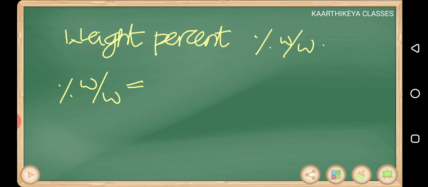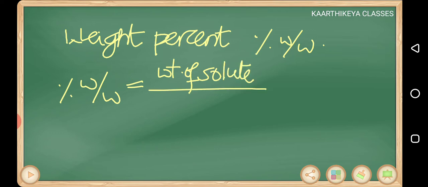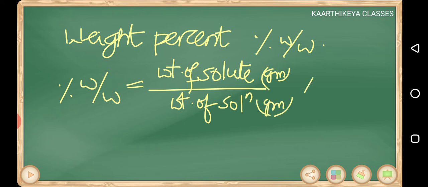So weight of solute by weight of solution, both must be in grams, into 100. Write all this formula in your notes. Whenever you want to calculate percentage weight by weight: weight of solute in grams by weight of solution in grams, into 100.